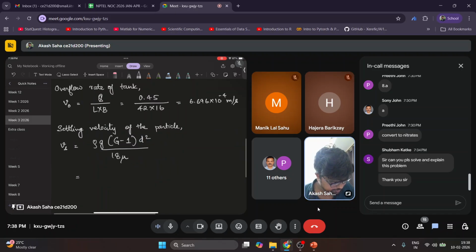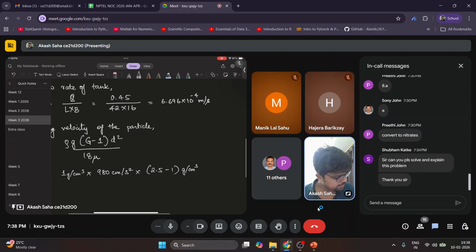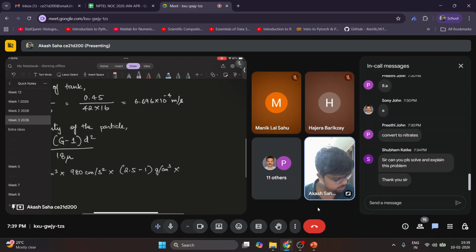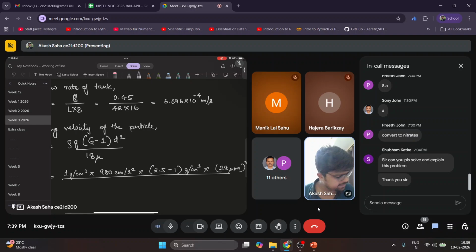So we will just put the values. That is 1 gram per centimeter cube into 980 centimeter per second square into (2.5 minus 1) gram per centimeter cube, into d, which is 28 microns, squared, divided by 18 into 0.01 gram per centimeter second.